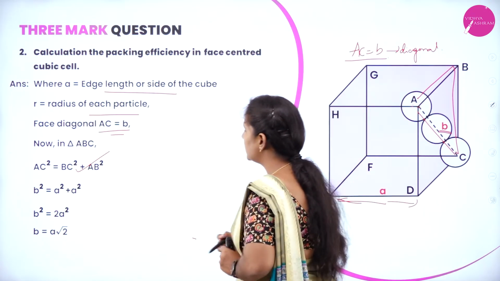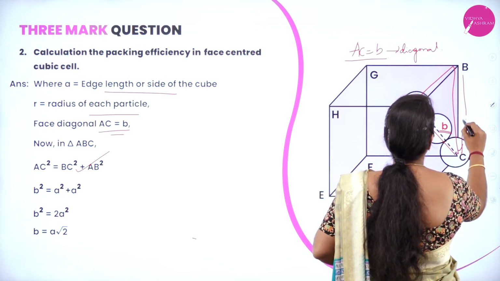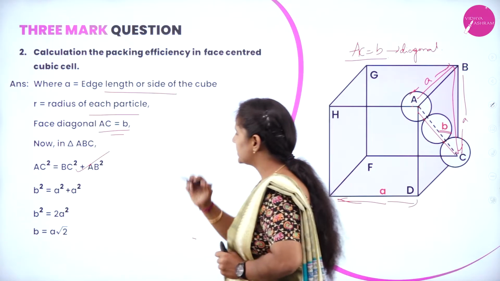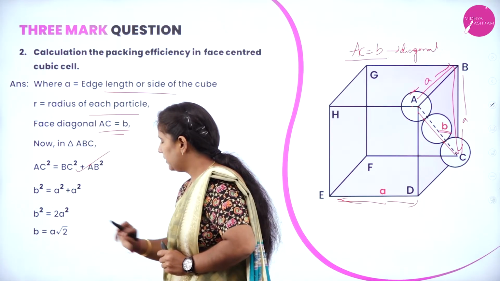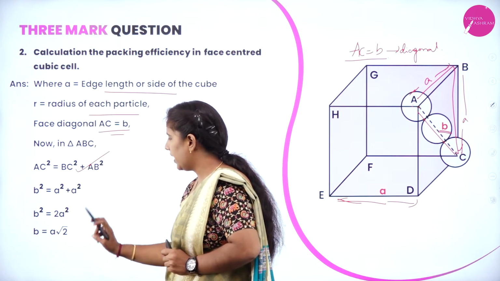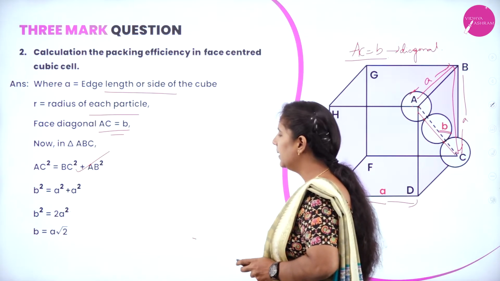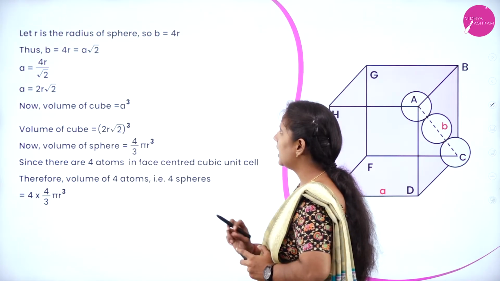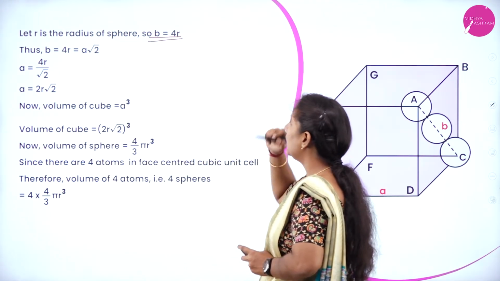BC and AB are both edge lengths, so this is A square and A square. So B square is equal to 2A square. If you cancel out the squares, B is equal to A into root 2. Let us consider r for the sphere, so that B is equal to 4r.